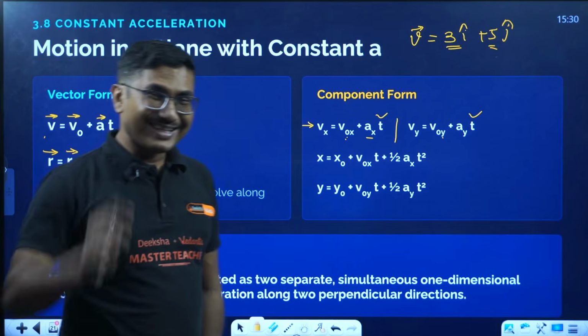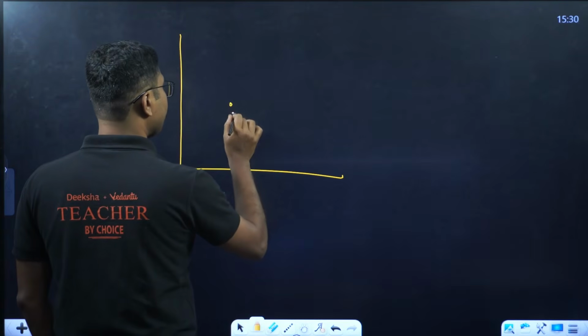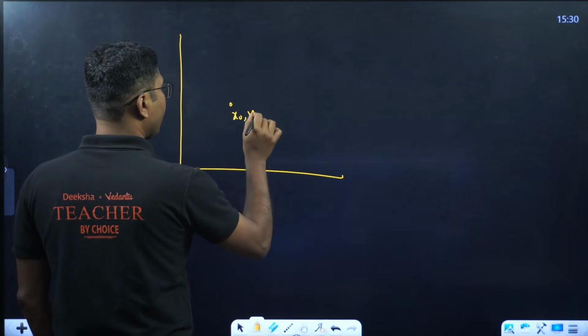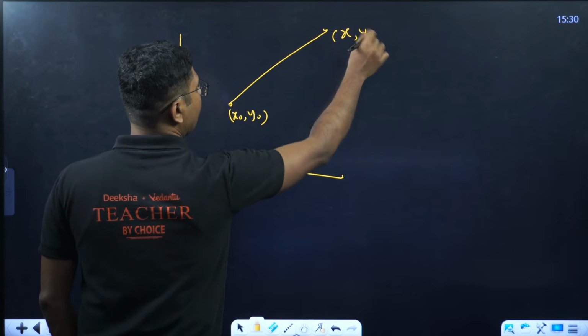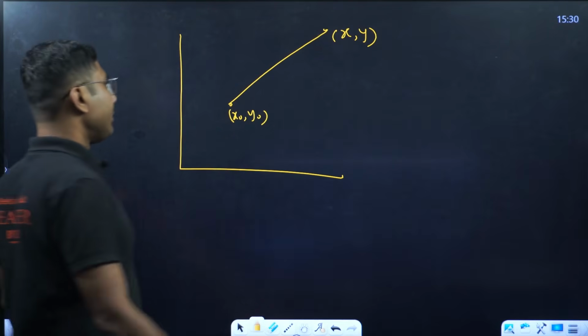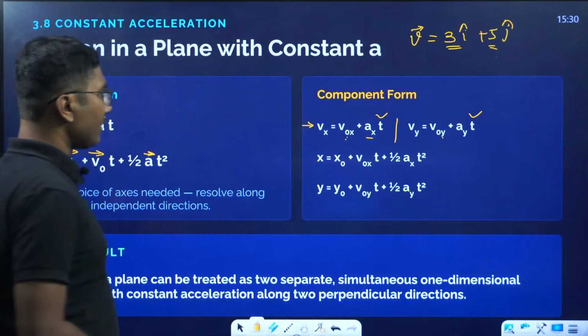Suppose the particle was not at the origin but at some position, say x naught, y naught, and from here it moved to say x comma y. Then we need to add these values to our equation.